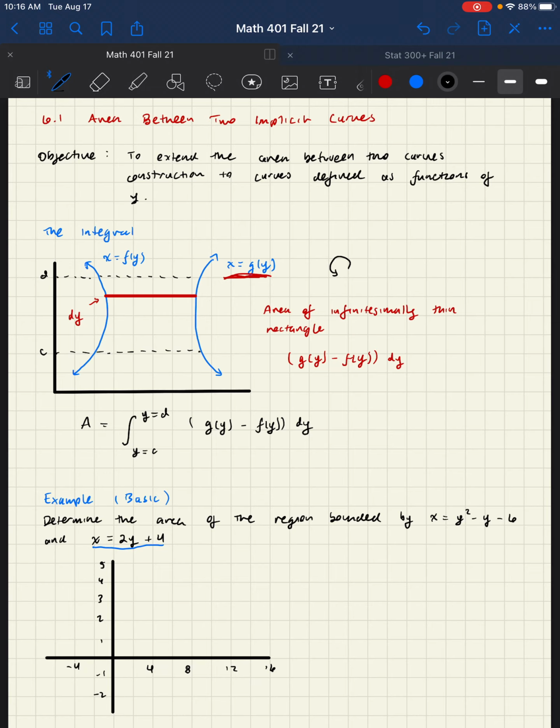So in this case, you can recognize immediately that this is a line because the function is linear in y. So x equals 2y plus 4 will turn into 2y equals x minus 4, which is y equals 1/2 x minus 2. Okay, so that curve is going to pass through these points.